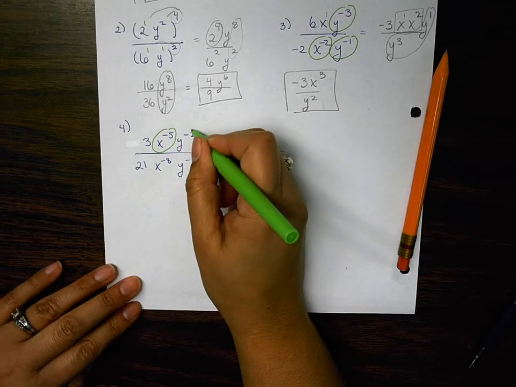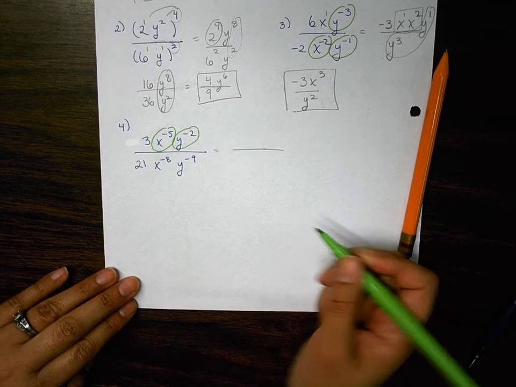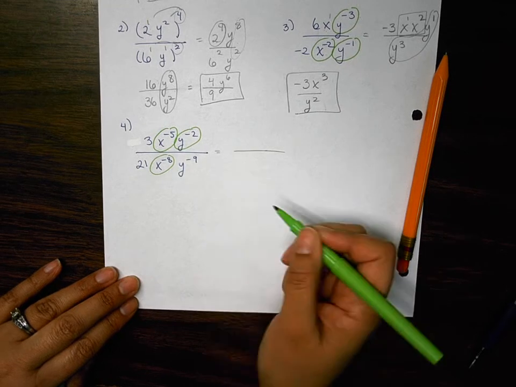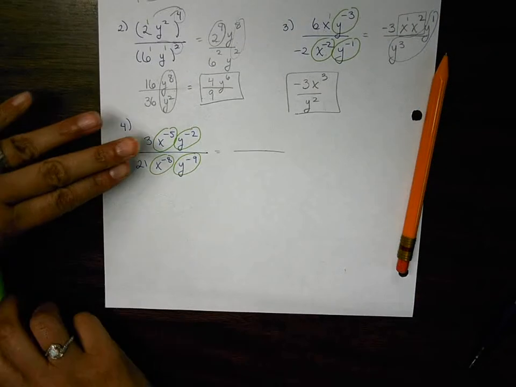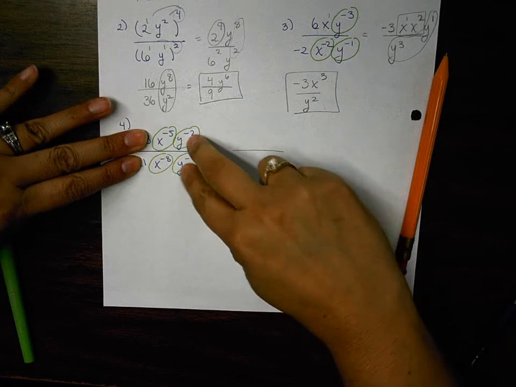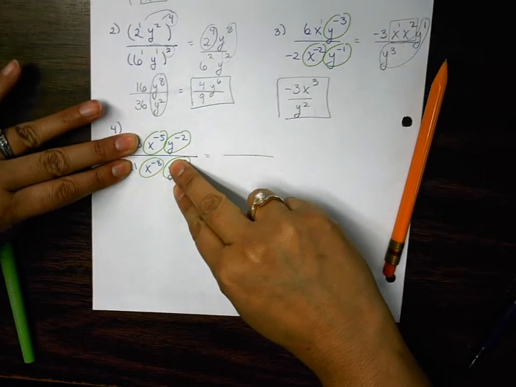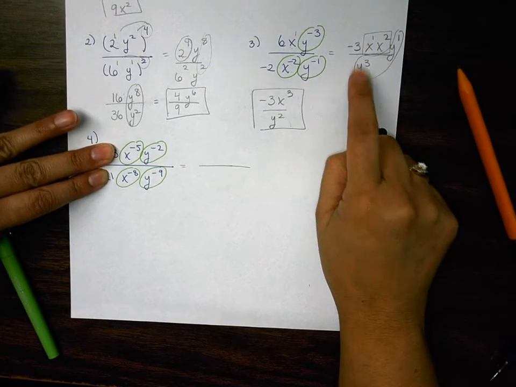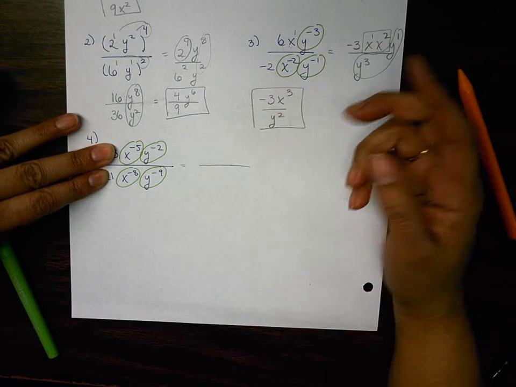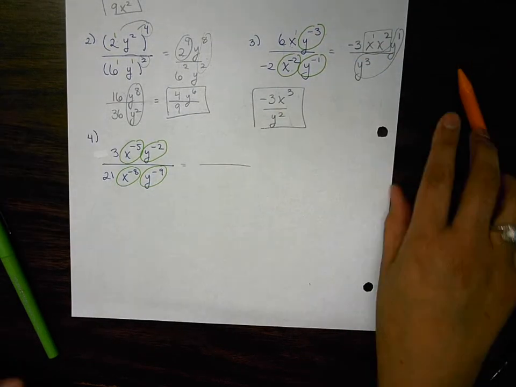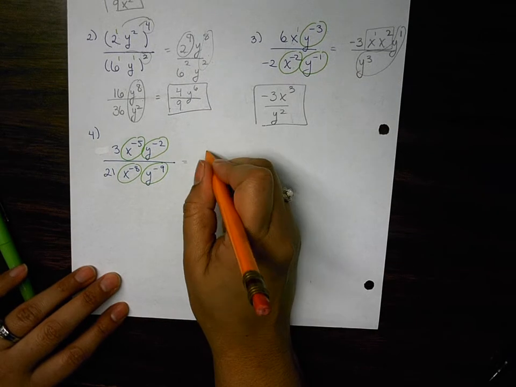Is x to the negative 5th going to move? Yes. Is y to the negative 2 going to move? Yes. X to the negative 8? Y to the negative 9? So are the x's flip-flopping and the y's flip-flopping? Yeah. Does that always happen? No. Over here the y's flip-flop but not the x's. Sometimes the x's but not the y's. Sometimes none, sometimes all.